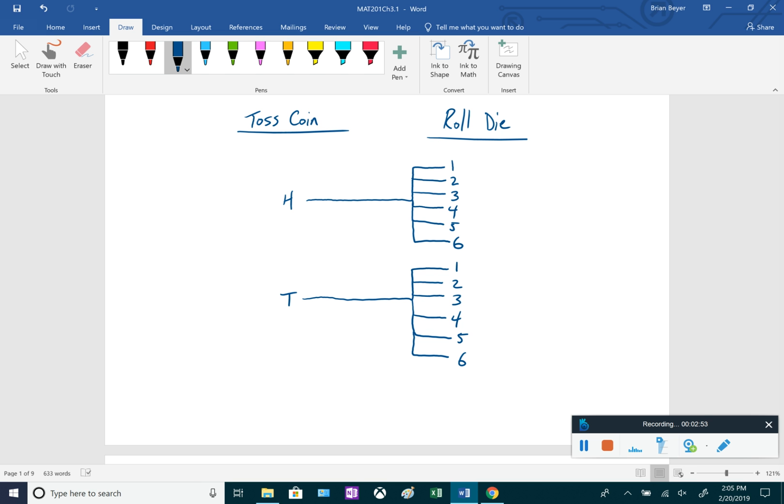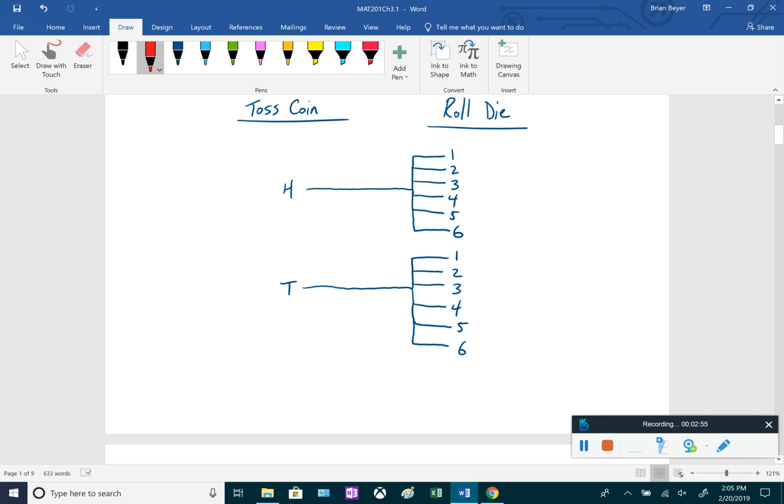So to determine the sample space, put sample space. Since this is a set of outcomes, I'm going to write this with squiggly brackets or braces. So the total possible outcomes here, we either get a heads and a 1, heads and a 2, heads and a 3, heads and a 4, heads and a 5, or heads and a 6.